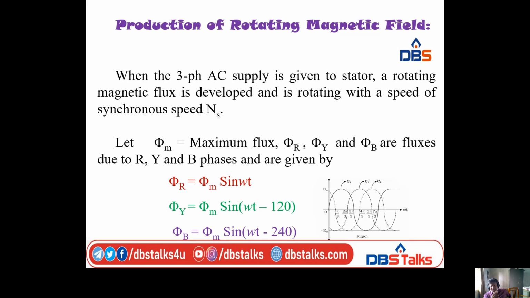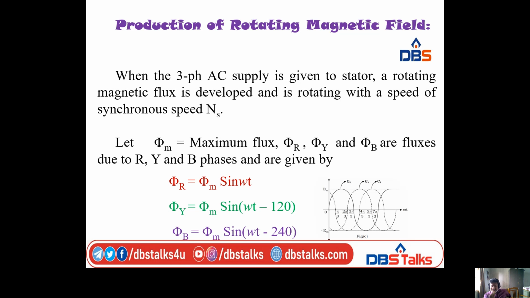That means whenever a three-phase AC supply is given to the stator, a rotating magnetic field is produced, rotating with synchronous speed, Ns equal to 120 f by P RPM, otherwise 1500 RPM numerically. Now let us consider how the RMF is produced. We have to discuss now.